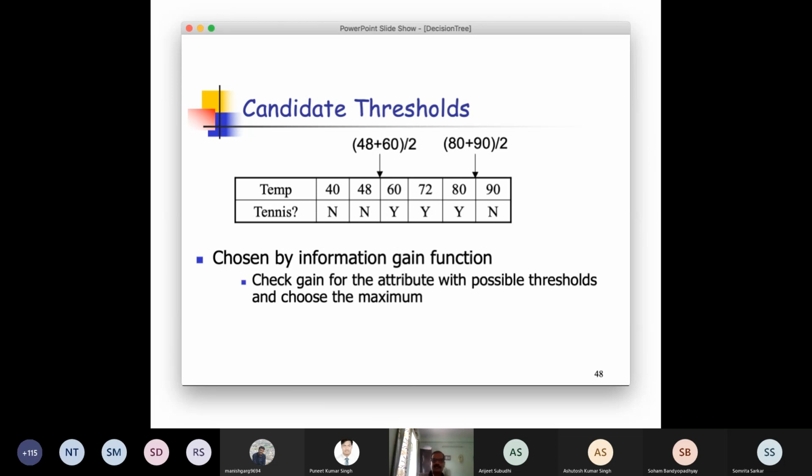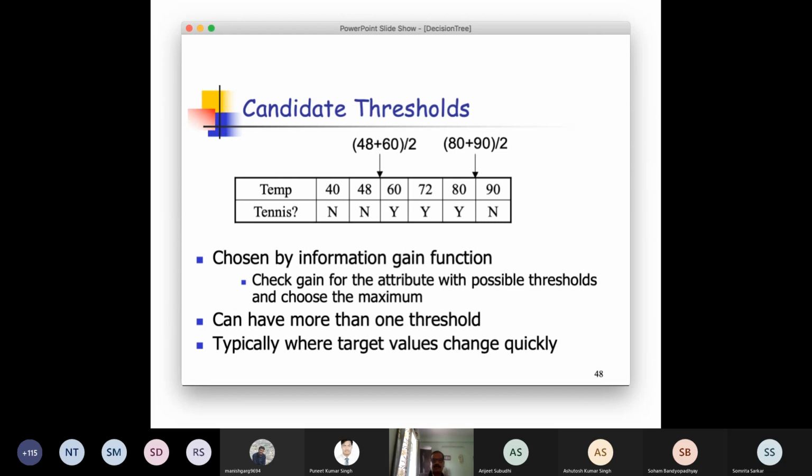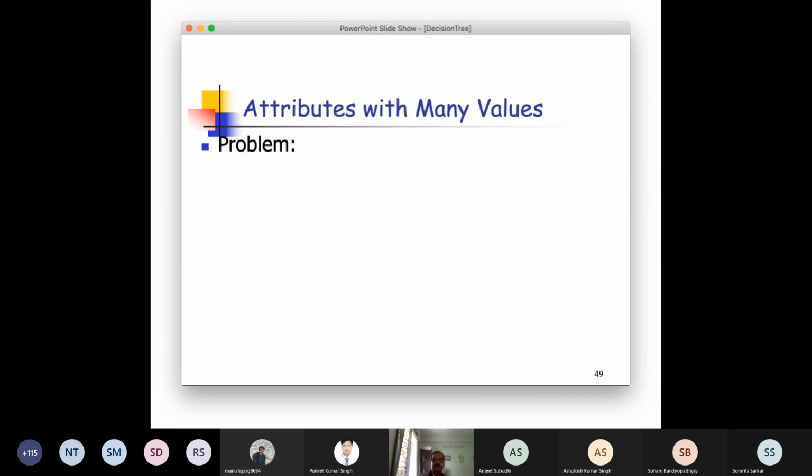I hope this is clear how it is making the information gain. So basically, you have possible candidate thresholds, and you find out where you are having more information gain, and choose that threshold in that way.